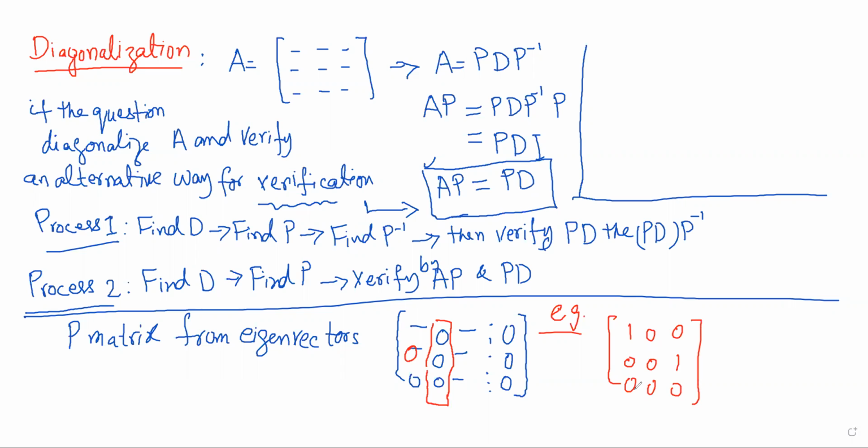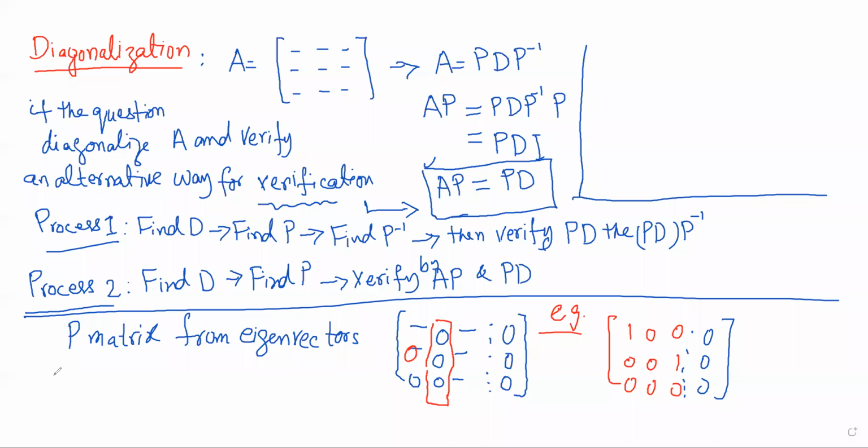Here you can see that the last row is 0, but in addition, the second column is also 0.